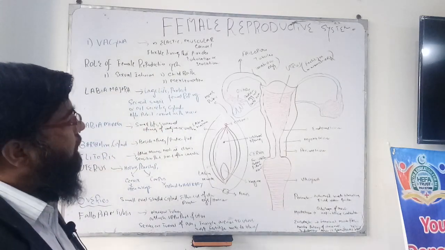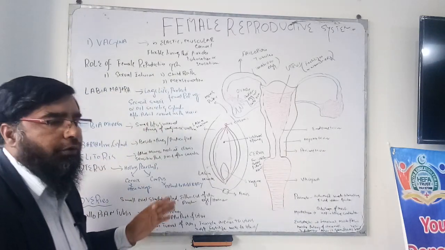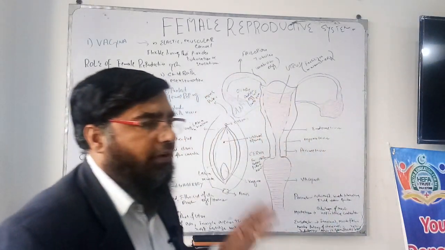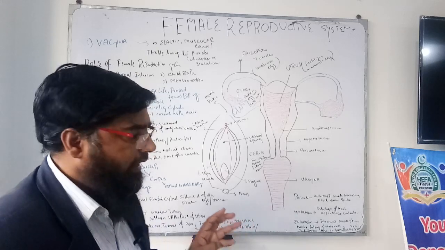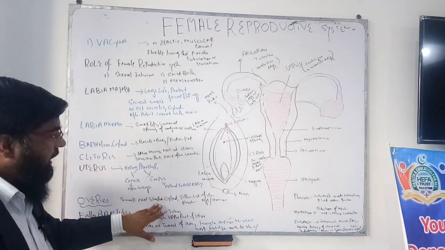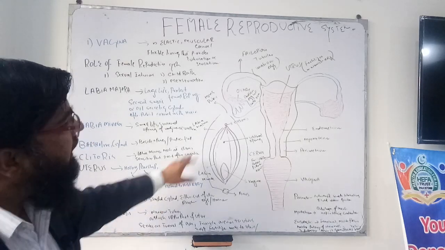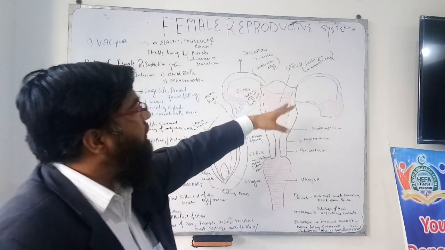Now, what is the function of the ovaries? The ovary produces eggs and hormones. It is located on both sides of the female reproductive system.